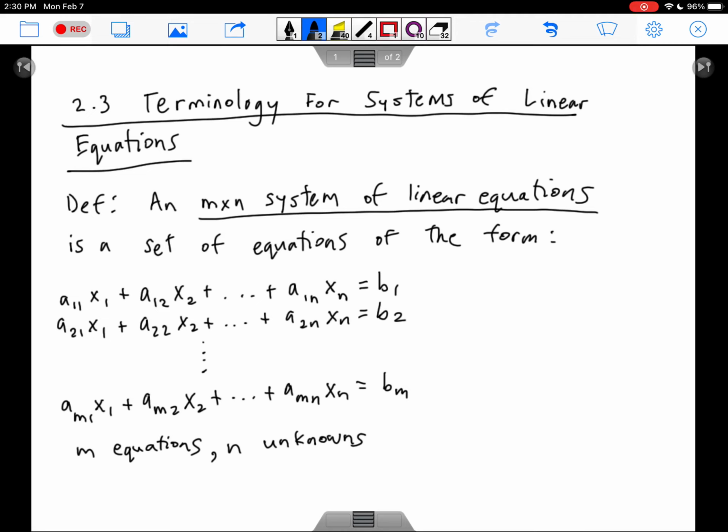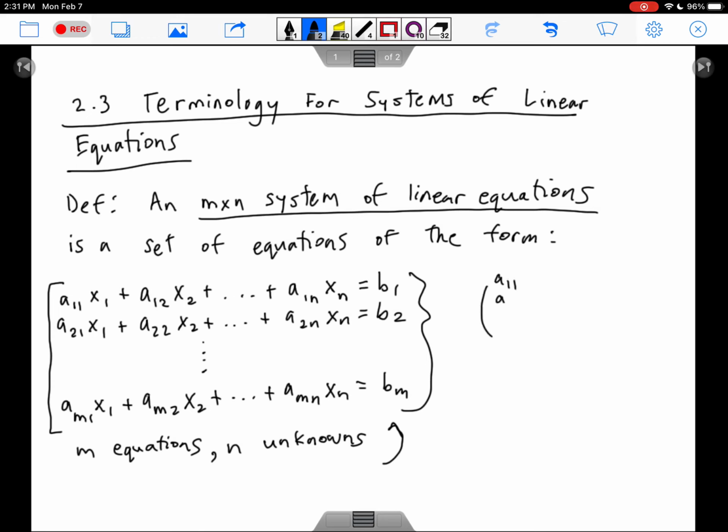Now, for those of you that remember from algebra, you can write this system of equations in matrix form. You could take a matrix and you can write this whole thing as a matrix. In fact, you can even write it in terms of matrix multiplication. So let's go ahead and write that down.